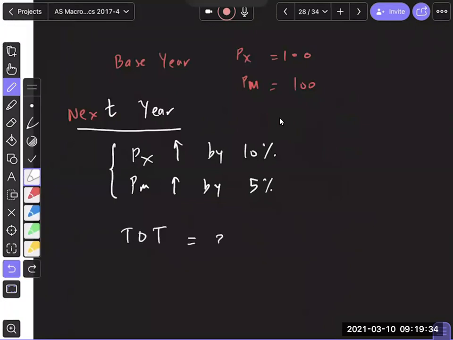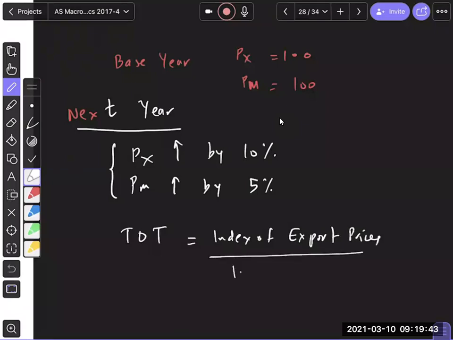And the answer is terms of trade is index of export prices over index of import prices times 100, right?